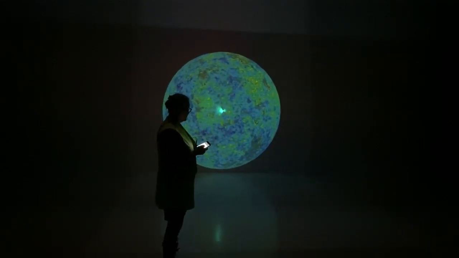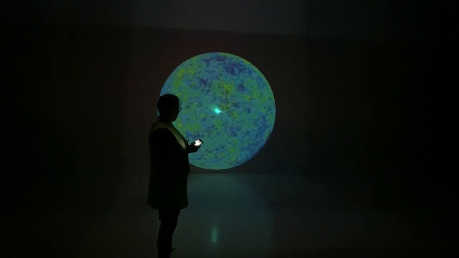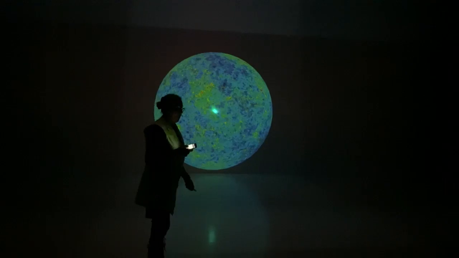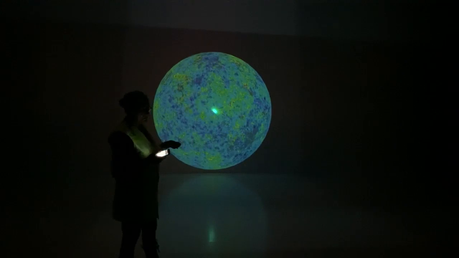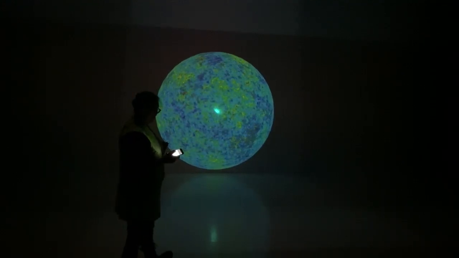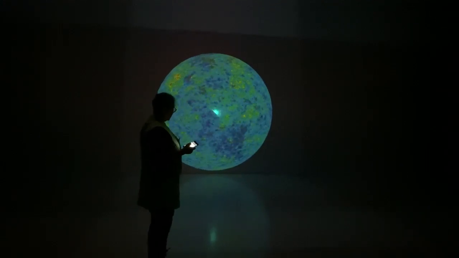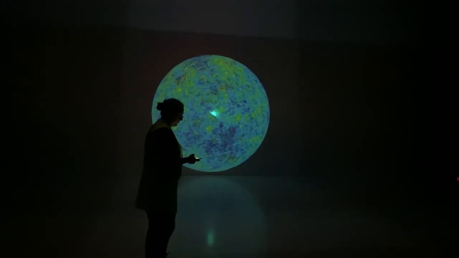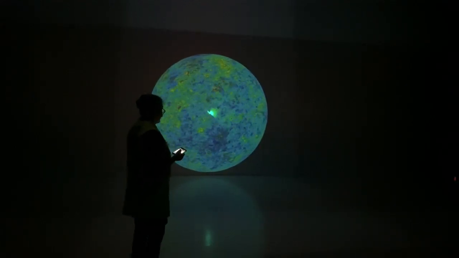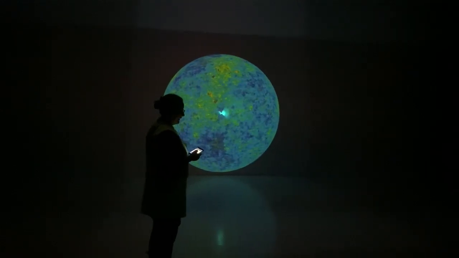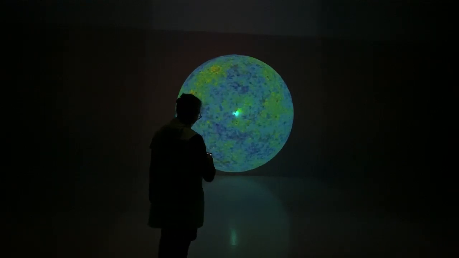There's only a variation of hundredths of a degree, and where there's red, more mass originated. So this is kind of the baby picture of the universe. So in the red parts, there were galaxies born afterwards, and in the blue parts, there was more than nothing. And we are outside of this now, and scientists think outside this, there's neither space nor time.